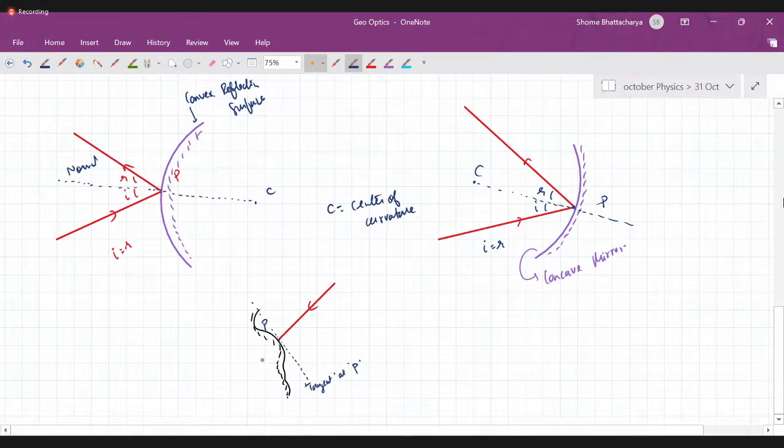Okay. And then we can draw the normal by just drawing a line perpendicular to the tangent. So this becomes the normal. So then finally the reflected ray will be something like this over here.